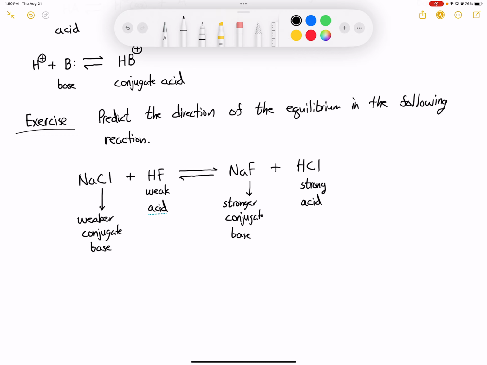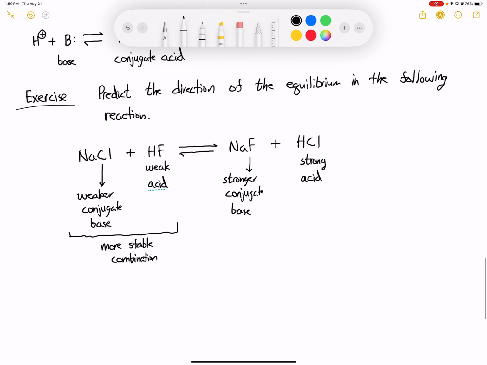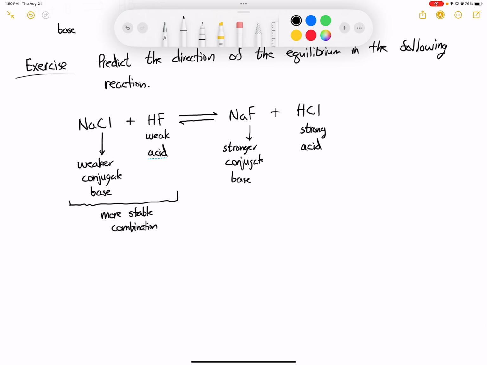All right. So this combination right here is more stable. More stable combo or combination. All right? So the reason why chlorine is so stable or weak, let's look at chlorine. So Cl- here is larger than F-.